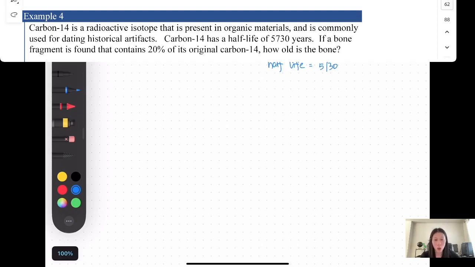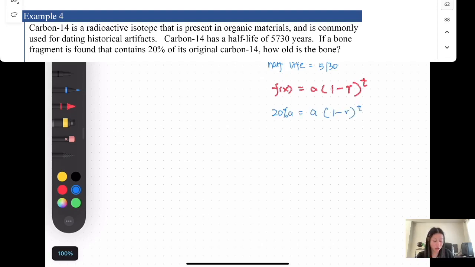To find out how old the bone is, first we need to find the equation for the decay of carbon-14. For the decay equation, it should be f(x) equals A times (1 minus R) to the T, right? We know A, and the output is going to be 20% of A, so I have 20% of A equals A times (1 minus R) to the T.